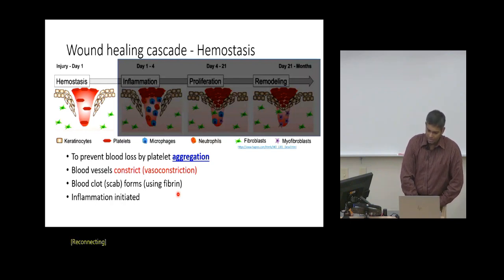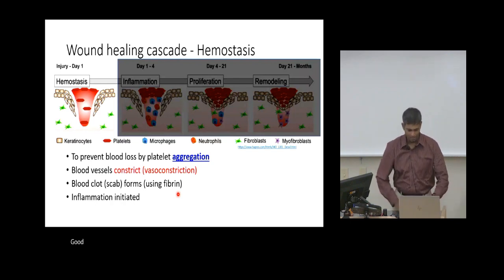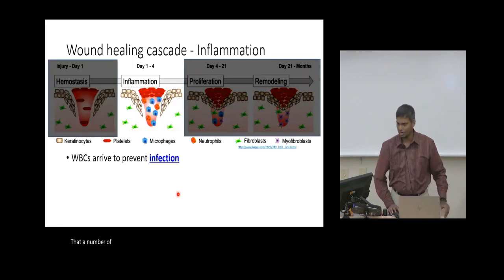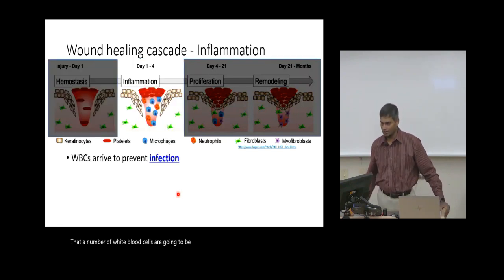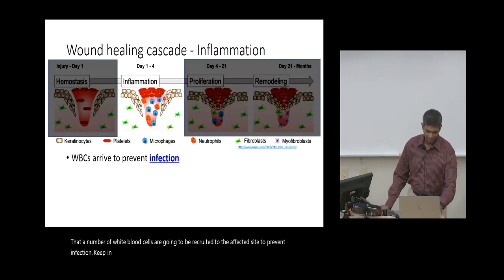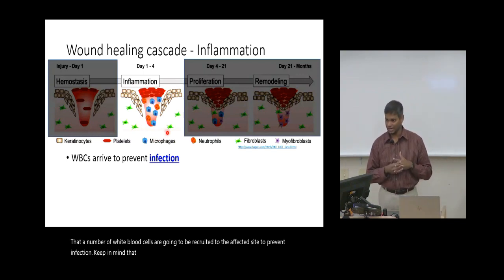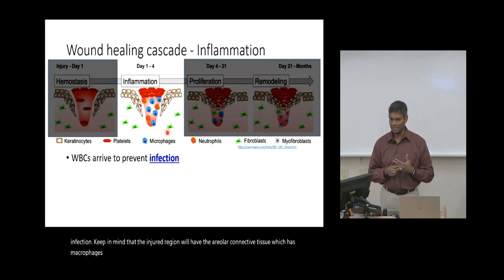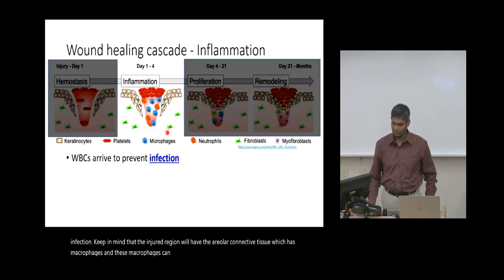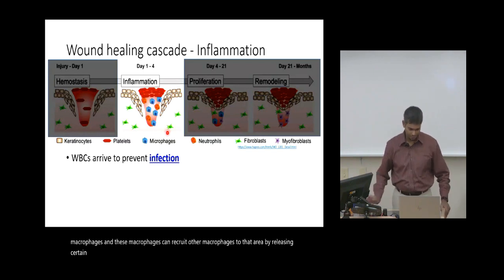In inflammation, a number of white blood cells are going to be recruited to the affected site to prevent infection. Keep in mind that the injured region will have the areolar connective tissue, which has macrophages, and those macrophages can recruit other macrophages to that area by releasing certain chemical compounds.